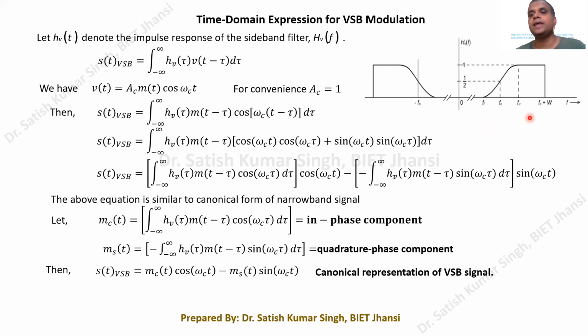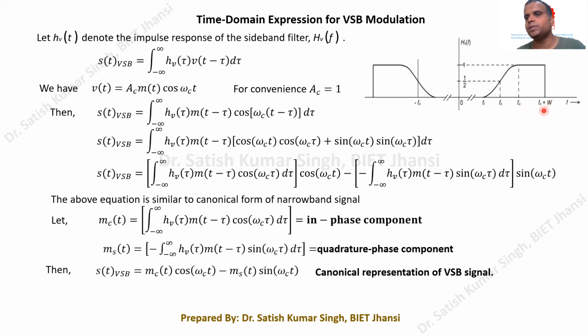Here you can see the bandwidth of the VSB modulated signal. It will be FC plus W minus FL.